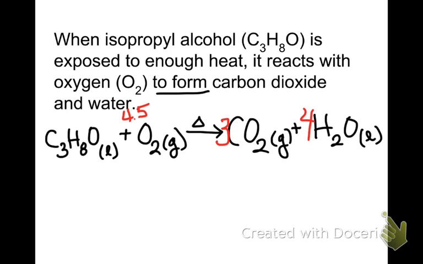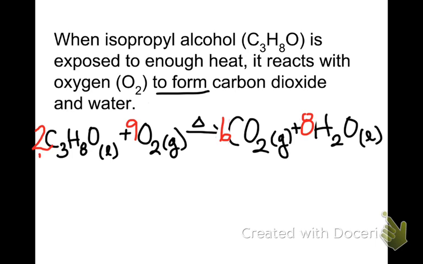So what I'm going to do is multiply all my coefficients by 2, and then it will be balanced. So that 1 becomes a 2, that 4.5 becomes a 9, this 3 becomes a 6, and this 4 becomes an 8. And now it's balanced.